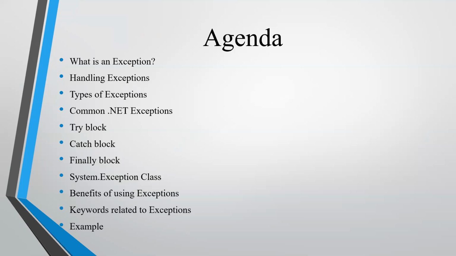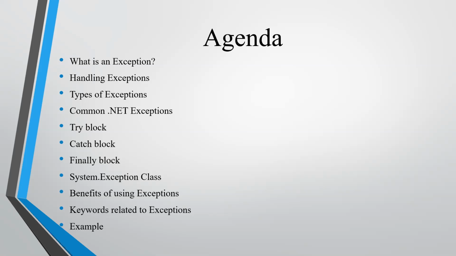The topics which we would be covering in exception handling will include what do we mean by exception, how do we handle exceptions, what are the different types of exceptions, what are some common .NET exceptions we encounter in our daily life while programming.